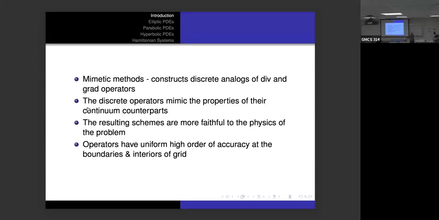So when we say mimetic methods, we are basically referring to the construction of these discrete analogs of divergence and gradient, mostly.